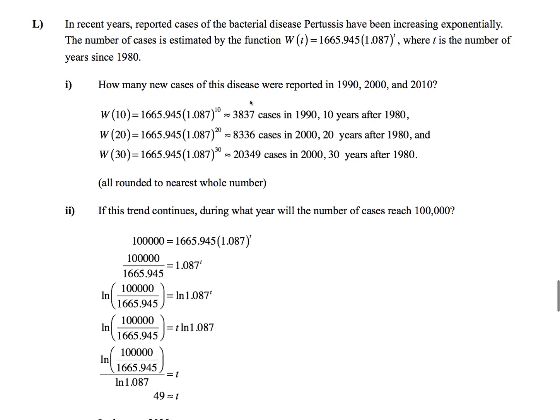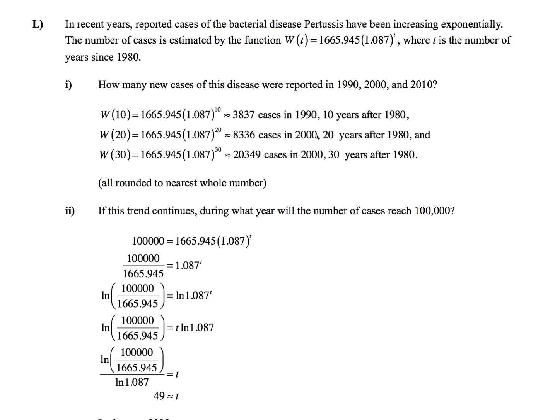When you run that through your calculator, you should get 3,837. Technically, when we're talking about how many people, you should always round up regardless of what is to the right of the decimal.